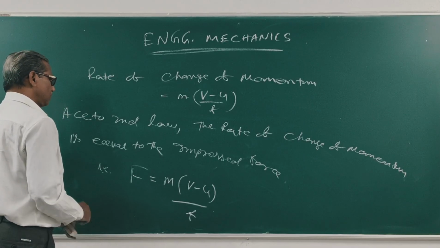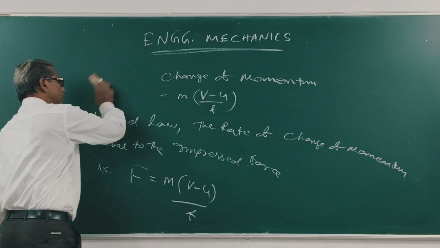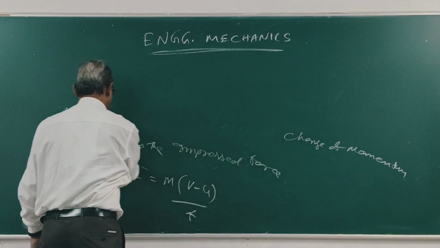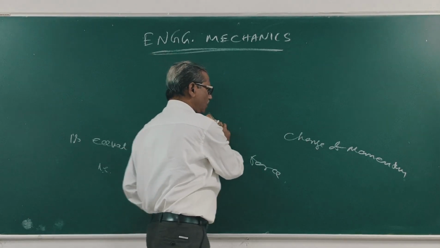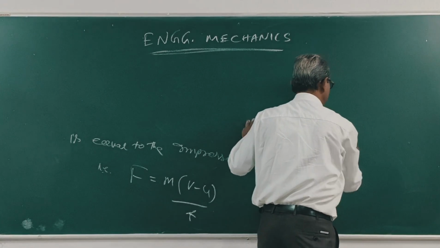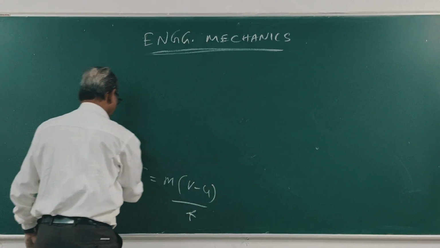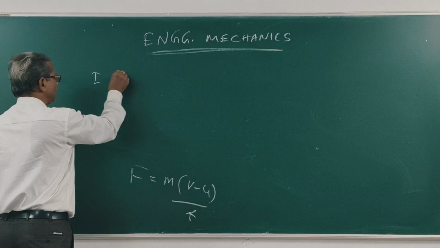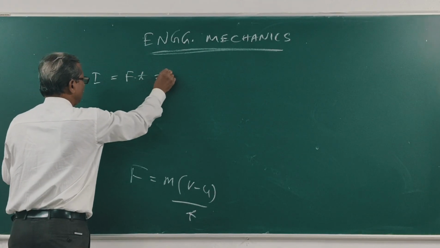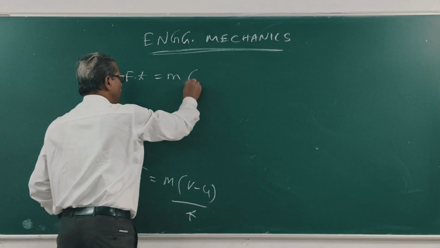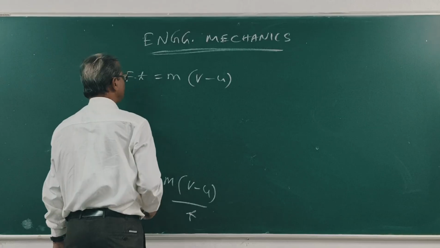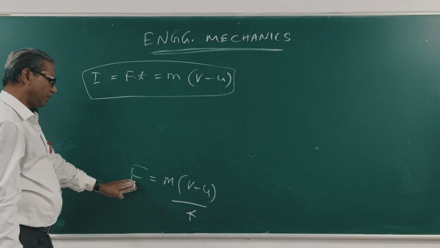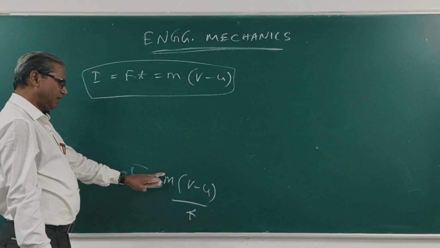Clear? So F into T is equal to M into (V minus U). This implies I is equal to F into T is equal to M into (V minus U).